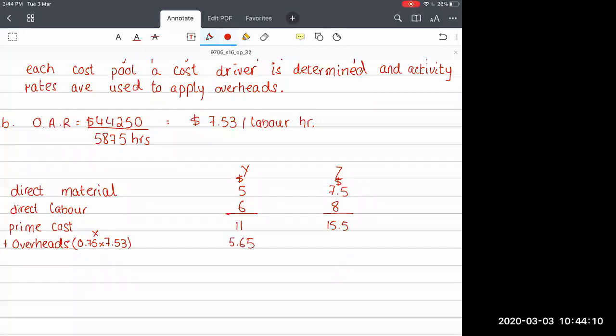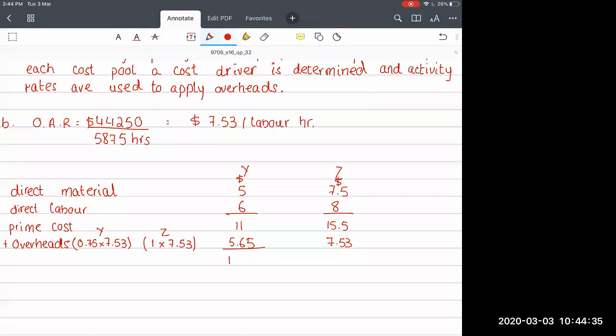For product Y, we have 1 hour of labor time. Yes, it's Y and Z. For Z, we have 1 hour into the recovery rate of $7.53. So overheads to be charged on product Z is 7.53.